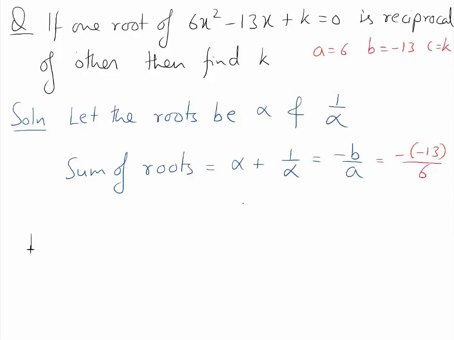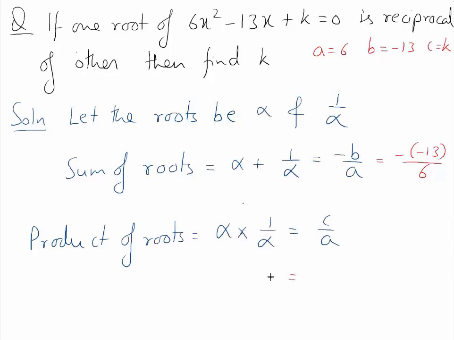Now let's write the other equation as well. So product of roots equals alpha multiplied by 1 by alpha equals c by a. If you realize alpha multiplied by 1 by alpha, alpha will get cancelled, we get 1. c is k, a is 6.